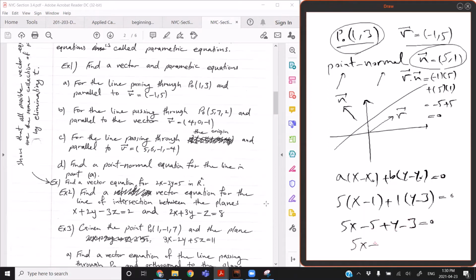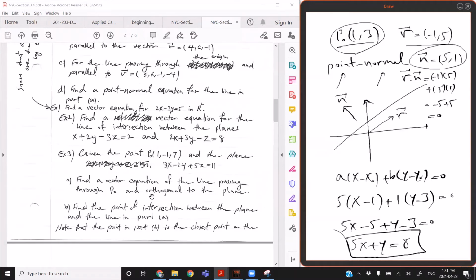I get 5x plus y is equal to 8. So that would be the answer to part D. Is everything clear?